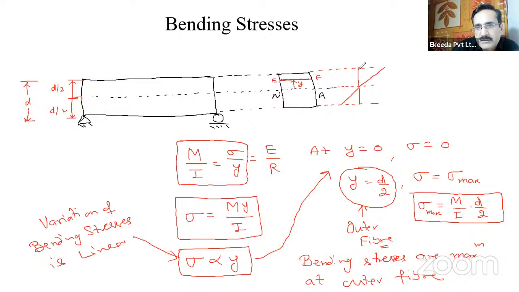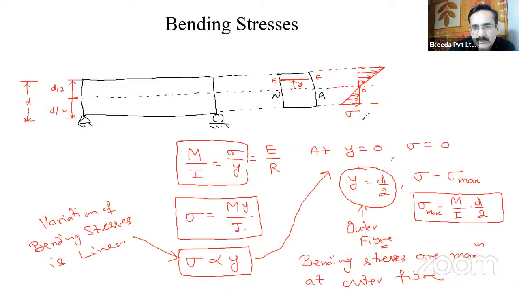Bending stress is a linear variation, and it is maximum at the outer fiber and 0 at the neutral axis, right? Here it is 0 and here it is maximum. On one side it will be compressive, on another side it will be tensile.